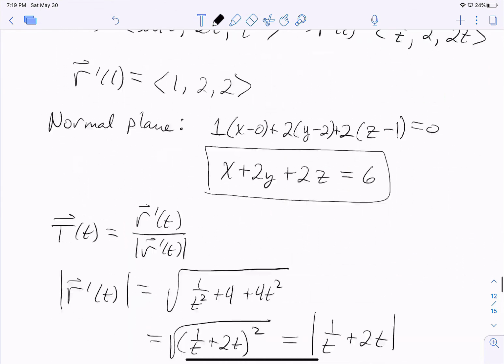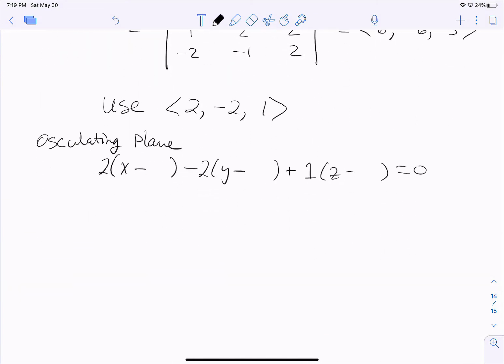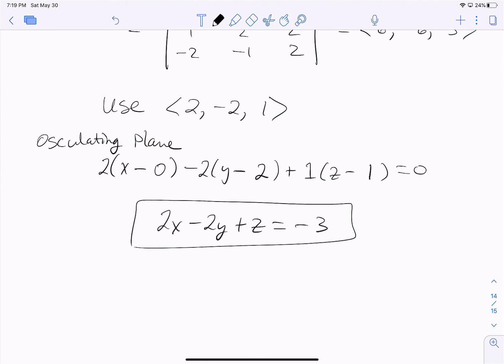It's 0, 2, 1. So 2 times the quantity x minus 0, minus 2 times the quantity y minus 2, plus 1 times the quantity z minus 1. Simplifying this, we get 2x minus 2y plus z is equal to 4 minus 1, which is -3. There's our equation of our osculating plane.